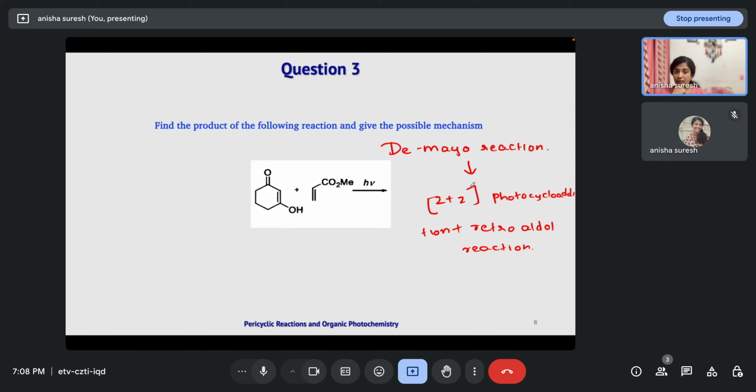So what will be the major product and what will be the minor product that is forming after this 2 plus 2 cycloaddition and retro-aldol reaction, that we will see in the mechanism shortly. So you can try it, you can work it out for 1 minute.